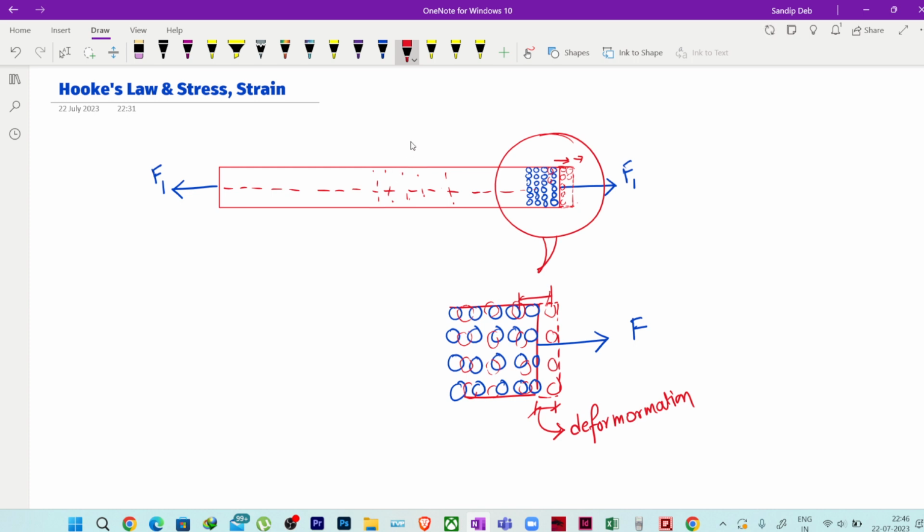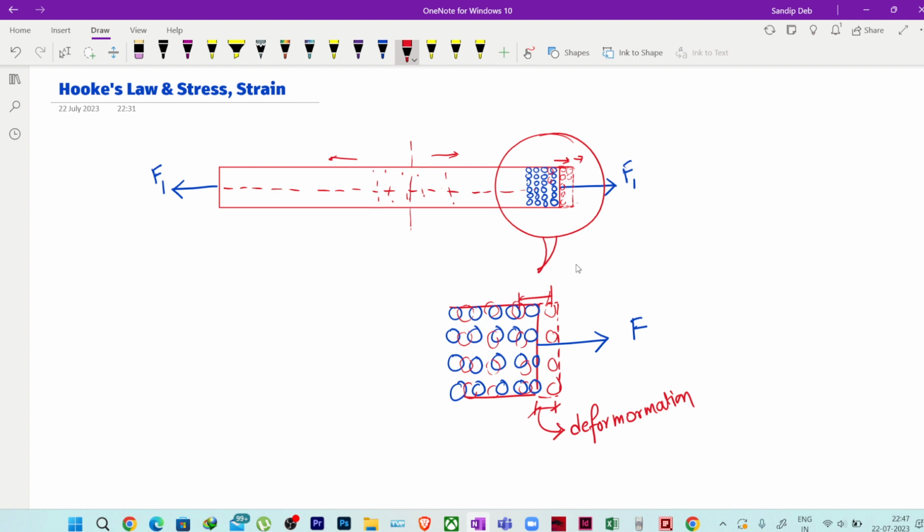So from the center of this bar, some molecules will displace along this direction, some molecules will displace along this direction. Fine. So when the molecules are displacing, we can see a deformation which is elongating the bar. The length of the bar is increasing.